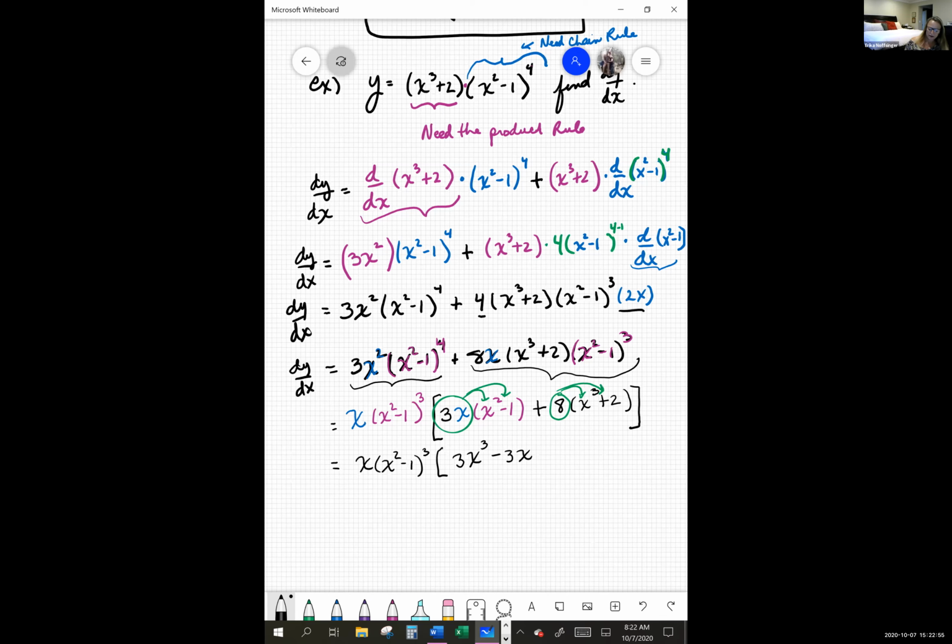Distribute our 8, so we have plus 8x cubed plus 16. So we have x all times x squared minus 1 quantity cubed, all times, we have a 3x cubed plus an 8x cubed is 11x cubed minus 3x, because there's no other x terms inside that bracket, plus 16.